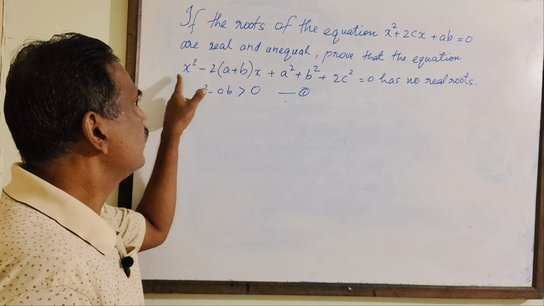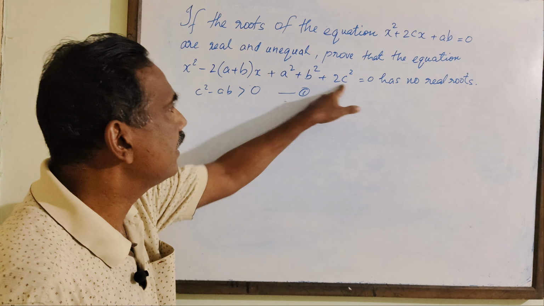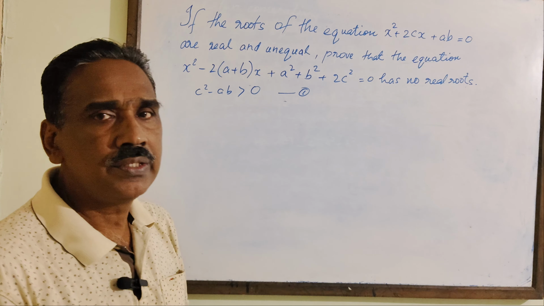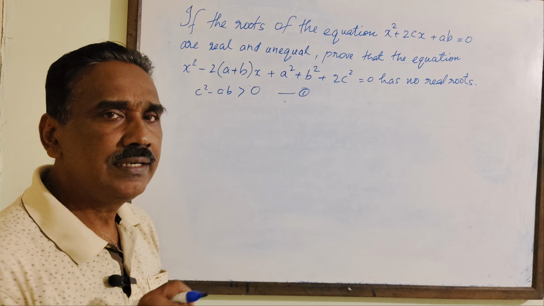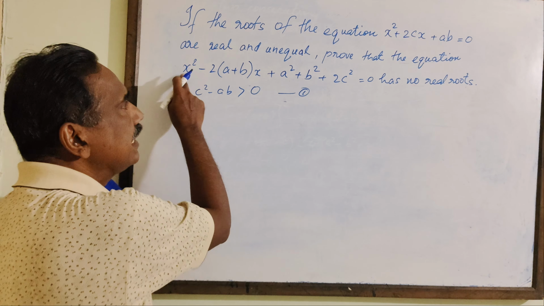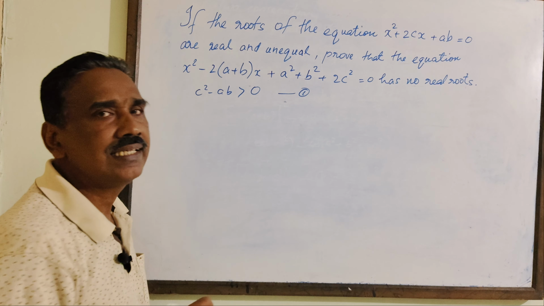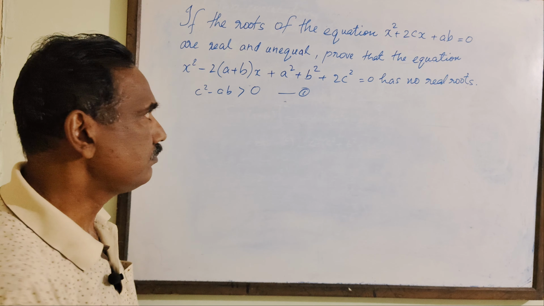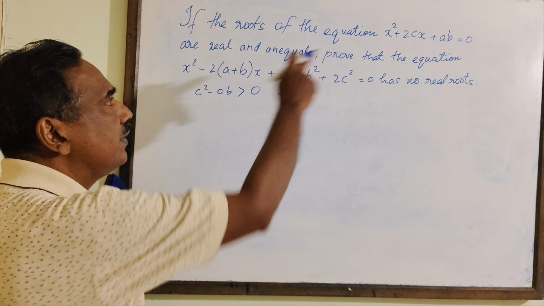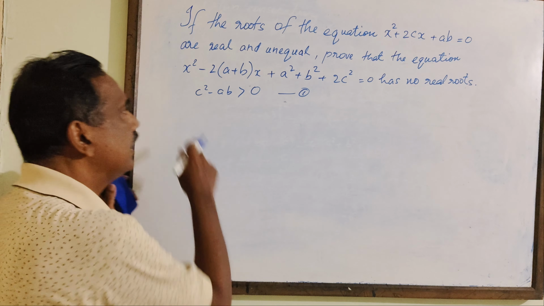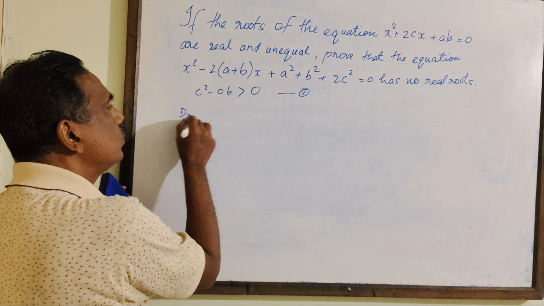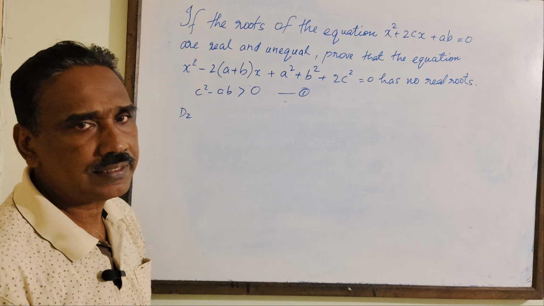Now, the second part of the question says this particular quadratic equation has no real roots, which you are supposed to prove. How can it be done? It is to prove that the discriminant of this is less than 0, that is negative. Since you have already taken D1 as the discriminant of the first equation, here let us take D2 as the discriminant.